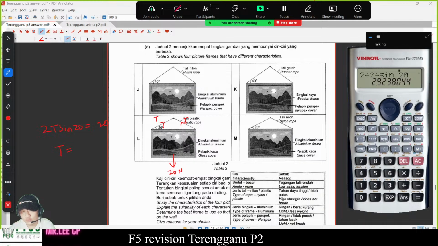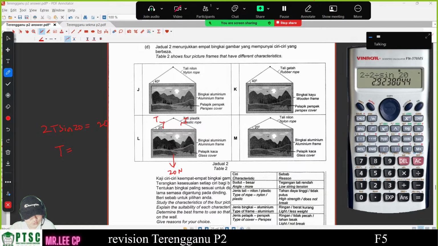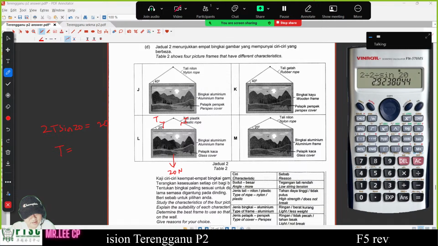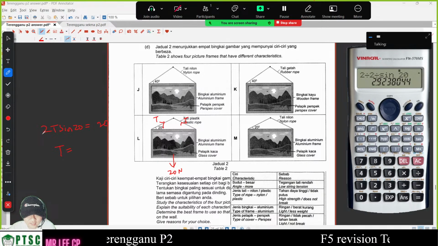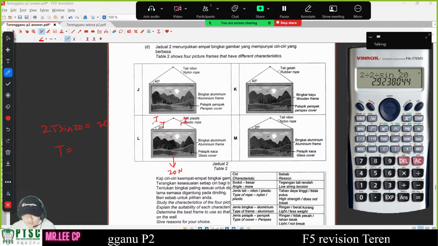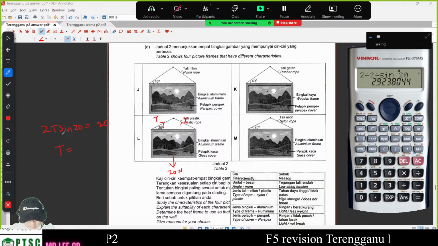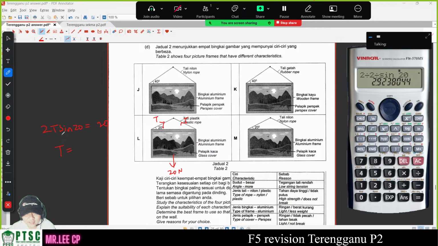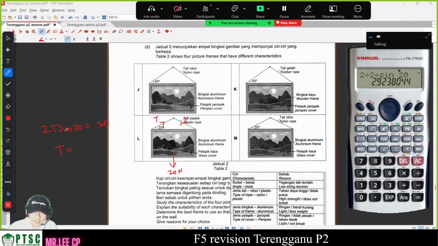Hey, you should get 29.2. Your decimal. Not 20T, it is T plus T. Oh, okay. I do it slowly.